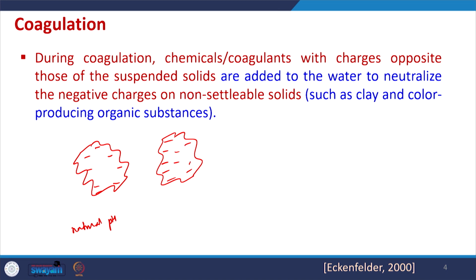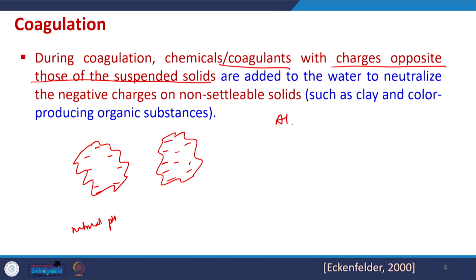Since both are negatively charged, there is always a force of repulsion between them, and since their sizes are also small, they cannot settle down. Now, what is done is that we add some coagulants which have charges opposite to those of suspended solids. That means we add coagulants which will impart positive charge, like alum sulphate.